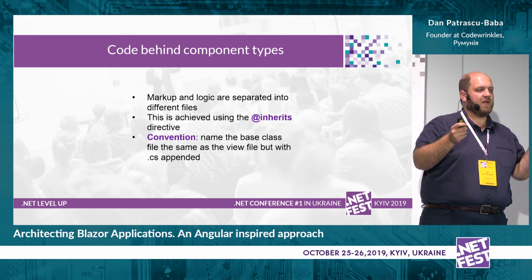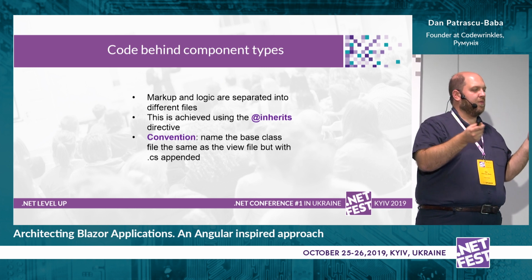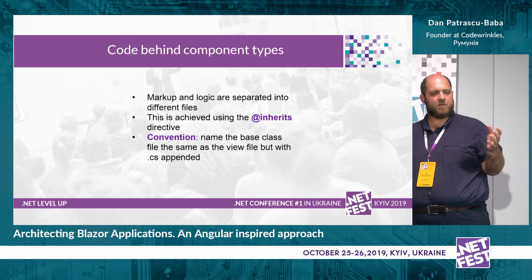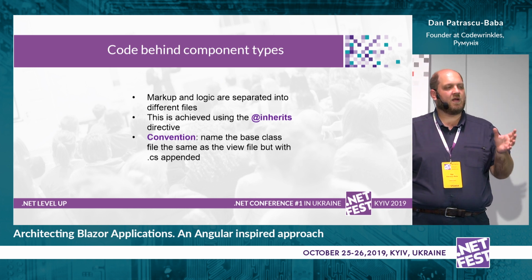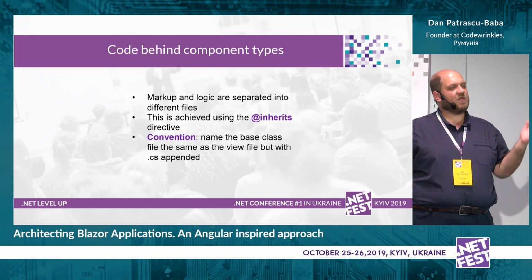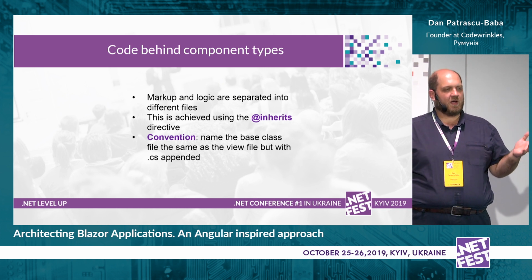So we would have something like hello world.razor, and in this file we will have only the markup, so Razor syntax, and separately something like hello world.cs. In this file we will put all the logic behind.